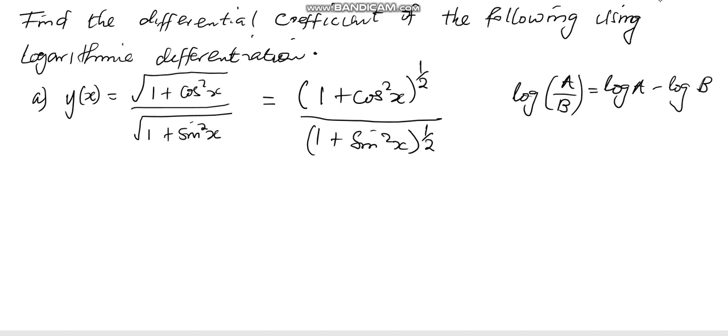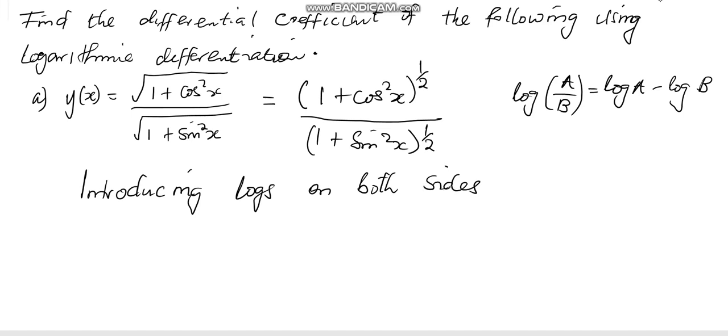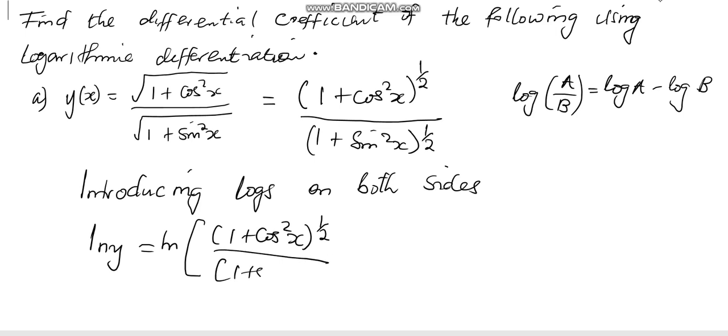So we're going to introduce logs on both sides of the expression. Introducing logs on both sides, we have ln y is equal to ln of (1 plus cos squared x) to the power 1 over 2, divided by (1 plus sine squared x) to the power 1 over 2.